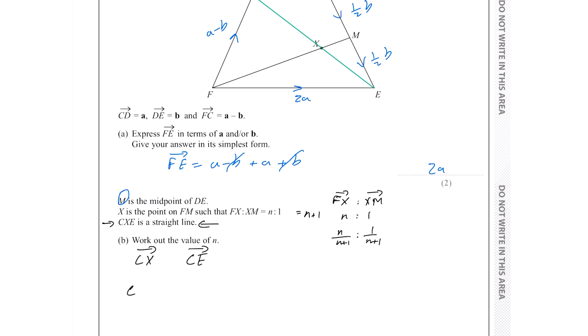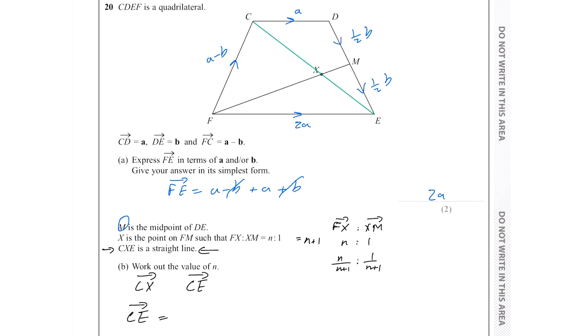So C to E is going to be A plus B. And the way I've done that is, again, if I get my highlighter, I've gone that way. Now, for the other bit, which is C to X, that's going to be coming down here, which I know, and then going up here, which I don't know. So whenever you have something like this, where you don't know what this is, well, can you work out the full length?